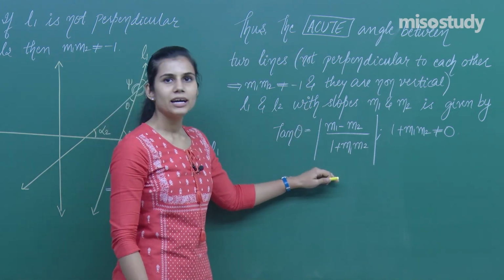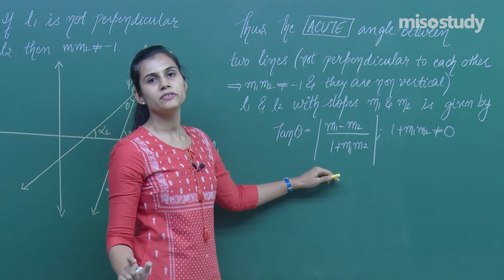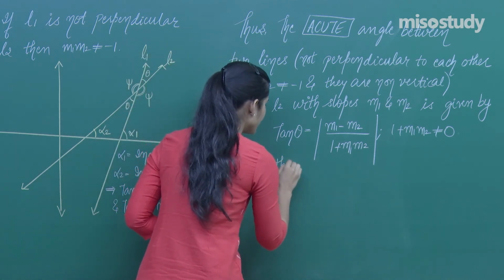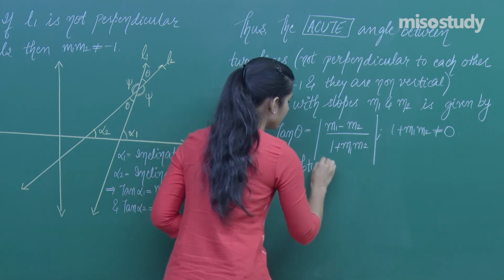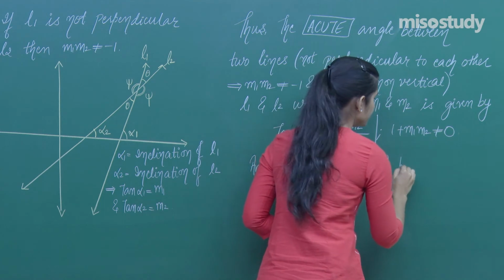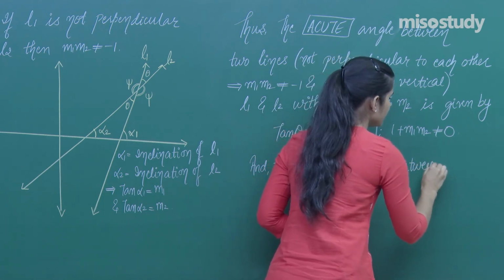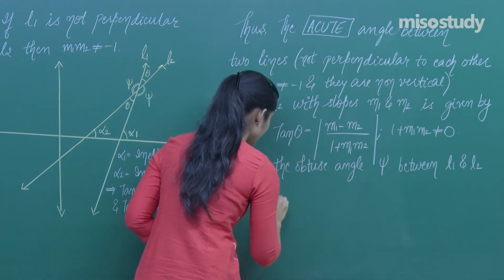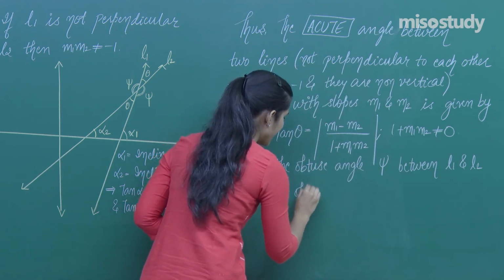So this formula is giving me the acute angle between L1 and L2, and the obtuse angle xi between L1 and L2 can be obtained as follows.